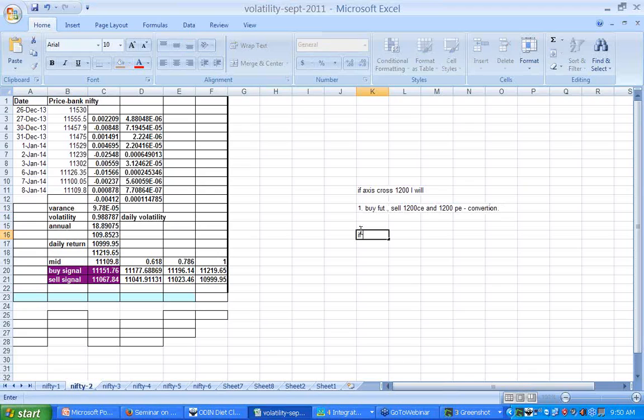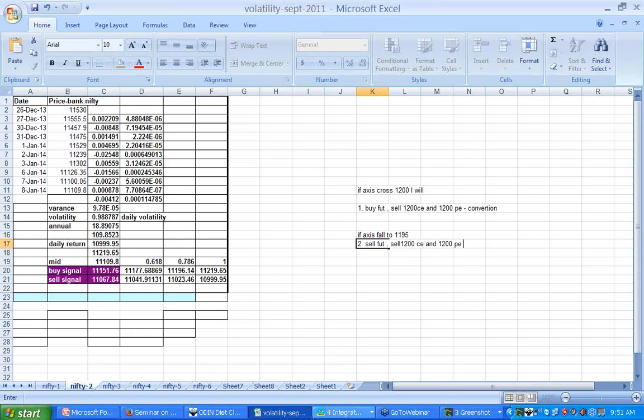If Axis falls to 1195, then my strategy will be to sell future, sell 1200 call and sell 1200 put. Preferably I will be getting in that around 44, 45 level.